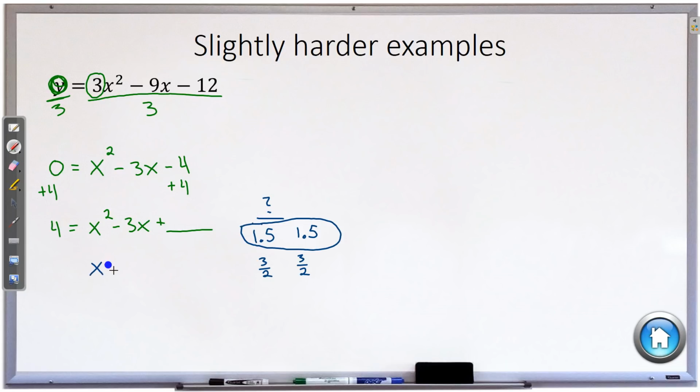So we're going to do x plus 1.5. Oops, not plus. Minus 1.5. x minus 1.5. So 1.5 times 1.5 will give us this number right here.